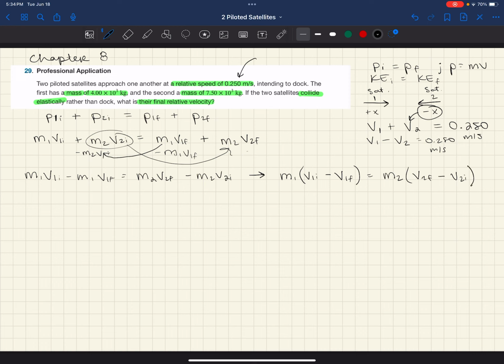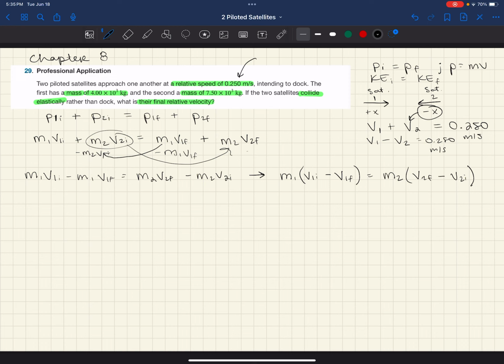I do have masses, but plugging those in right now isn't really going to be helpful since we don't actually know the values for any of the other terms in this equation. So that's as far as we are going to be able to get with the momentum equation.